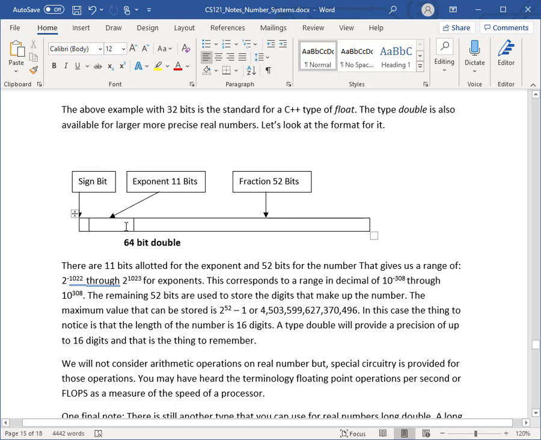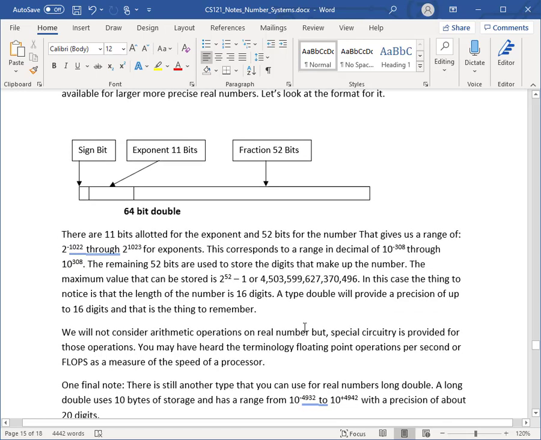We have 11, and we have more bits to put the number in, the fractional part. So in this case, we have 11 plus 1, 12 bits, leaving us with 52 bits for the number. Okay, so that's quite a bit larger. 2 to the 52 minus 1 is the biggest number we can put in there, shown here.